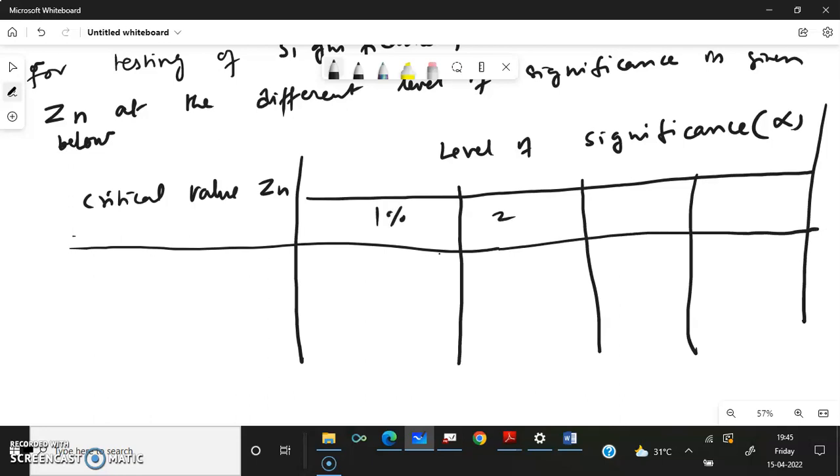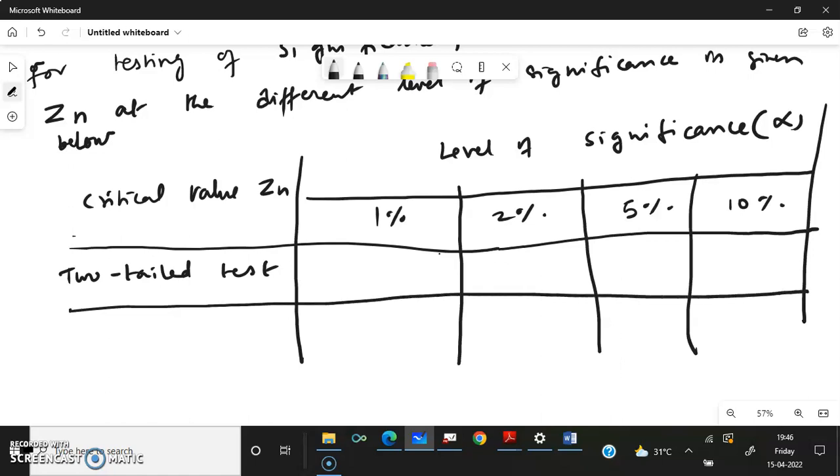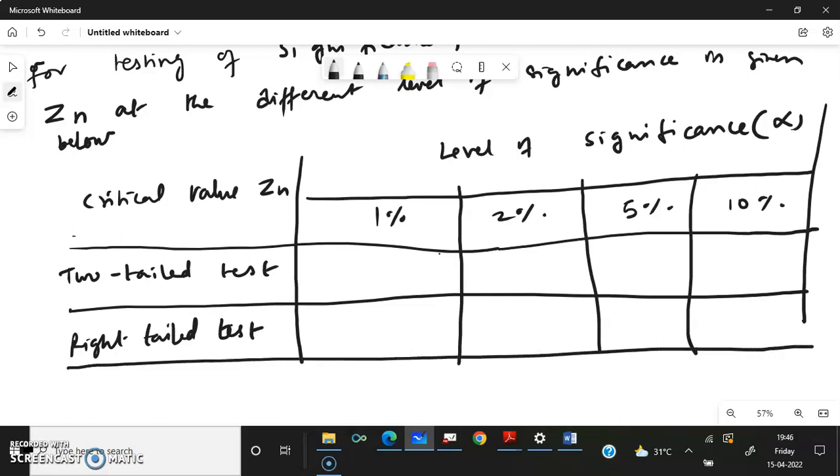This is for the two-tailed test, and then the right-tailed test, and the last one is the left-tailed test.